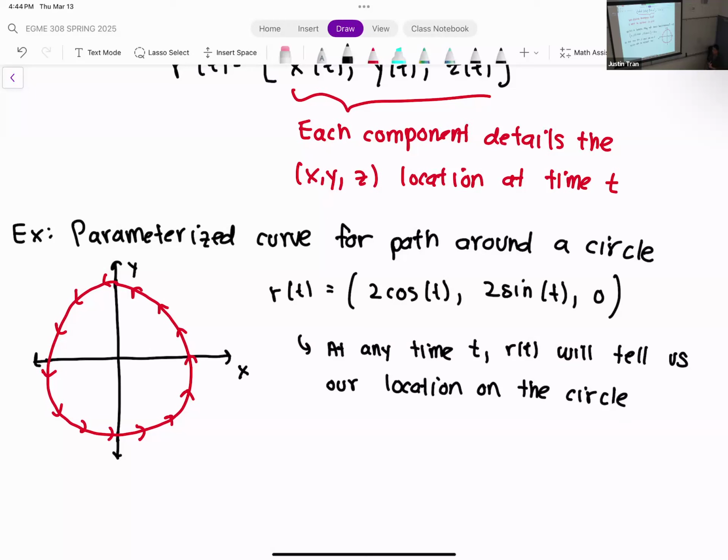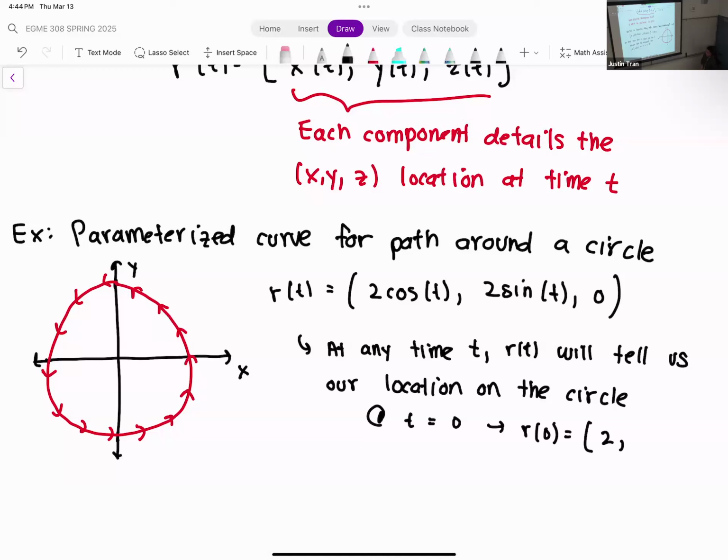For instance, let's see where we are at t equal to 0. We're going to compute r of 0. At t equal to 0, let's plug in. Our x component is going to be 2 times cosine of 0. Cosine of 0 is just 1, and so our x component is 2.